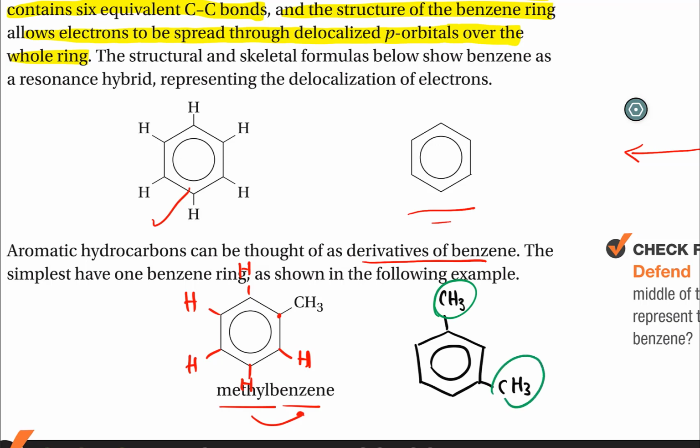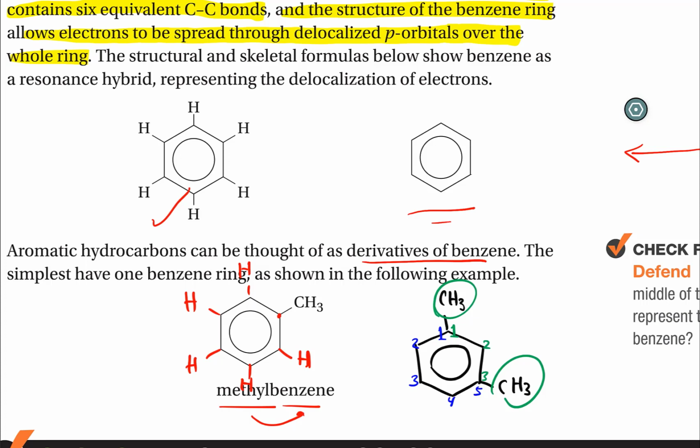We have to number these 6 carbons inside the benzene. This is carbon number 1, carbon number 2, carbon number 3. So one of them is in the first position, another one is in the fourth position. If you number it from the other side, this would be carbon number 1, carbon number 2, carbon number 3, carbon number 4, carbon number 5. So you can see in this case, one of them is in the first position, the other one is in the 5th position.